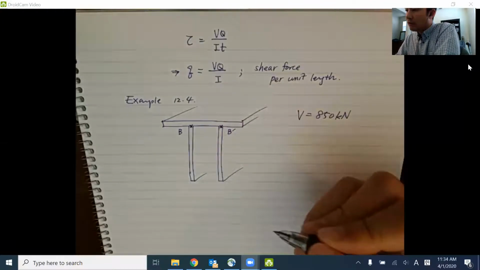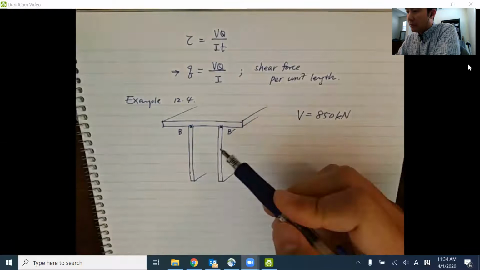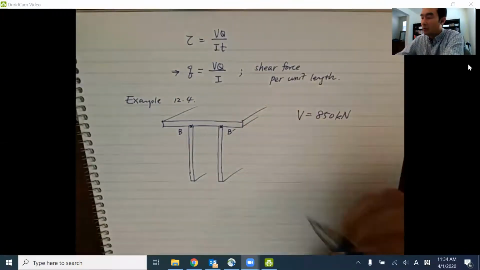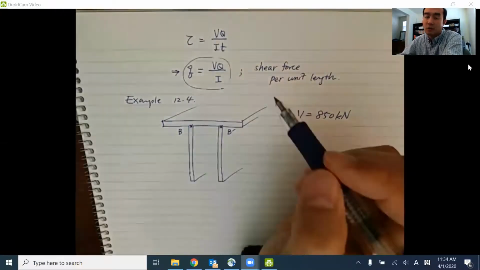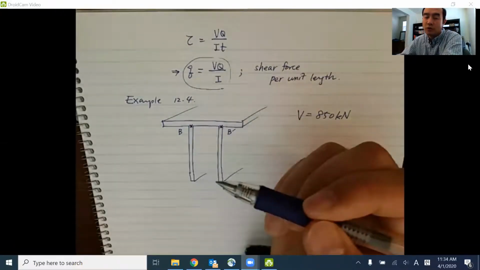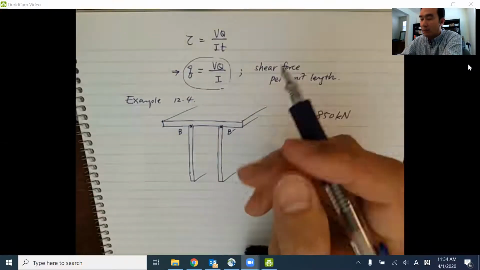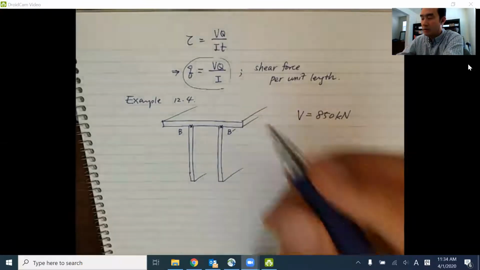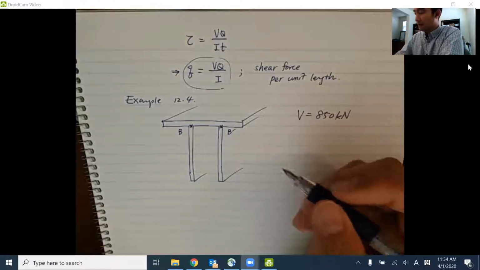We'd like to know the shear flow at B and B prime that must be resisted by the glue, right? So again, one of the applications of this shear flow concept is that when we build up a section, we can determine how much force is going to be required for our glue or any other ways of connections like nails or something like that.